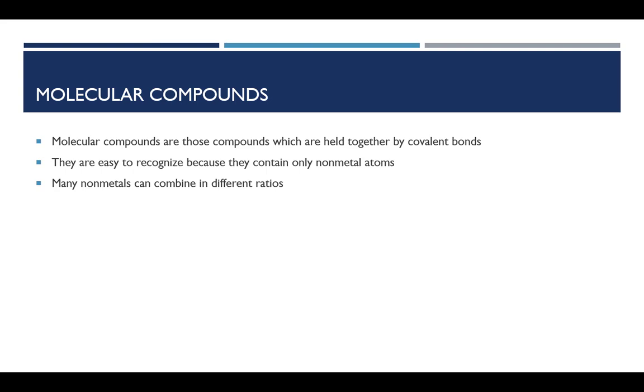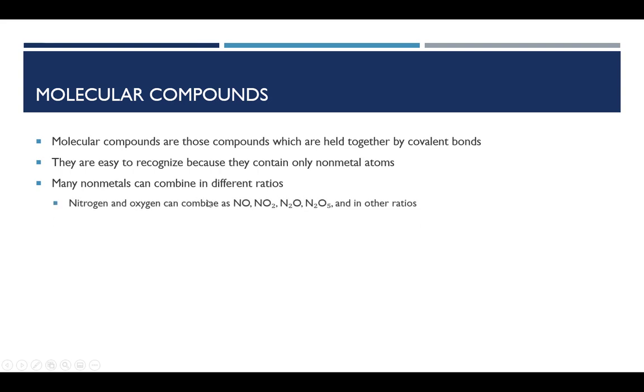Now, there is a big difference here between molecular compounds and ionic compounds. With ionic compounds, we saw that they always came together in a ratio that would cancel out the total charge. Now, in these compounds, there is no concept of charge. So what that means is many of these nonmetals can come together in totally different ratios.